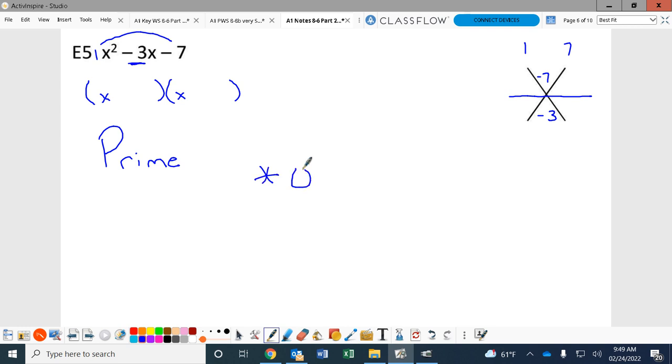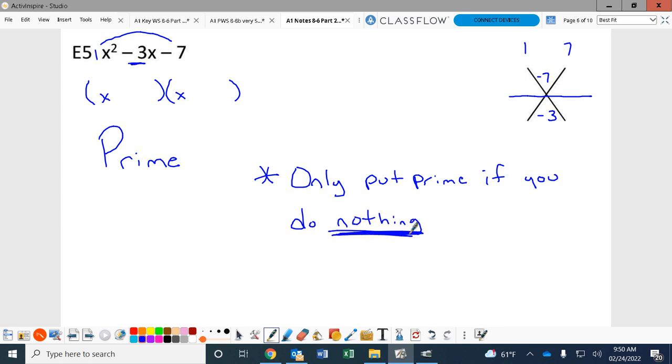Only write prime if you do nothing to the problem. And I mean nothing, not pull out a GCF, not anything.